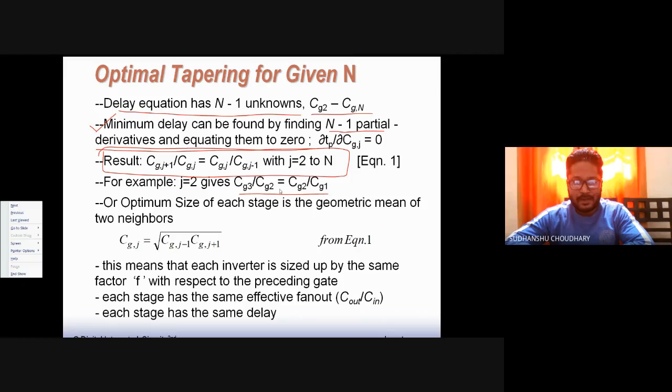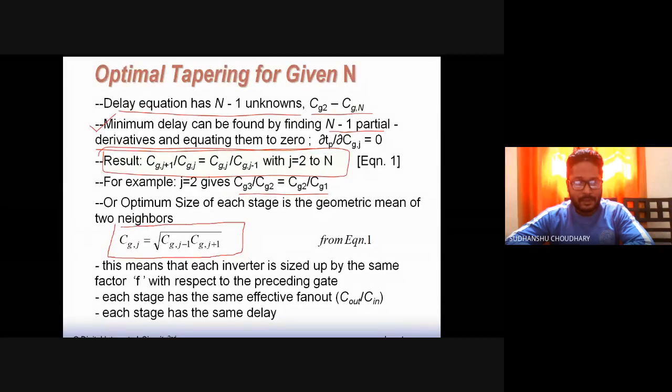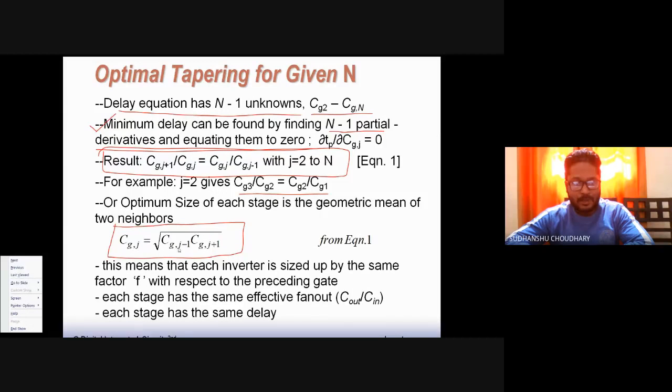Just looking at this equation, CG2 is the square root of CG1 and CG3. So this can be extended to find a generalized term for capacitance. If I want to find the capacitance of some stage, say J equal to 2, I simply replace J by 2 here. So CG2 will be the square root of CG1 multiplied by CG3, because J is 2.